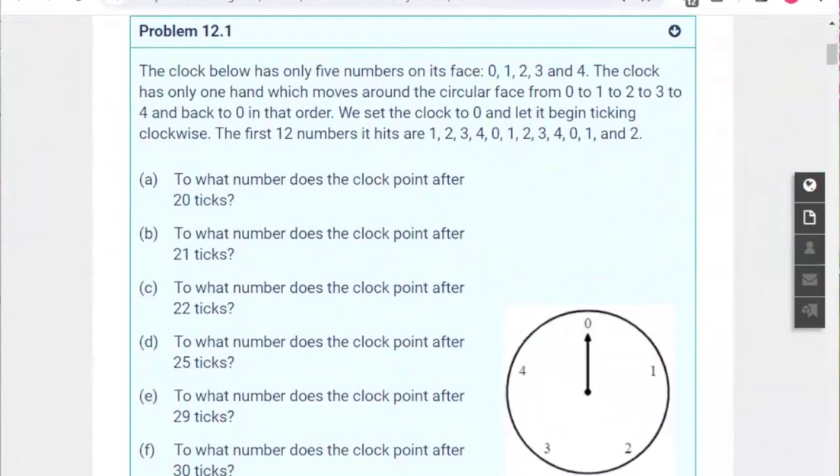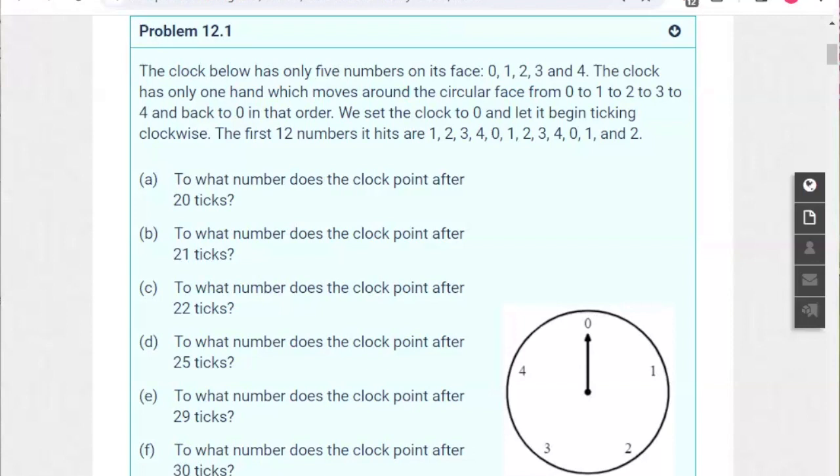Let's start with this. 2020, chapter 12, 12.1. Charlotte, could you please read the question? The clock below has 5 numbers on its face, 0, 1, 2, 3, and 4.